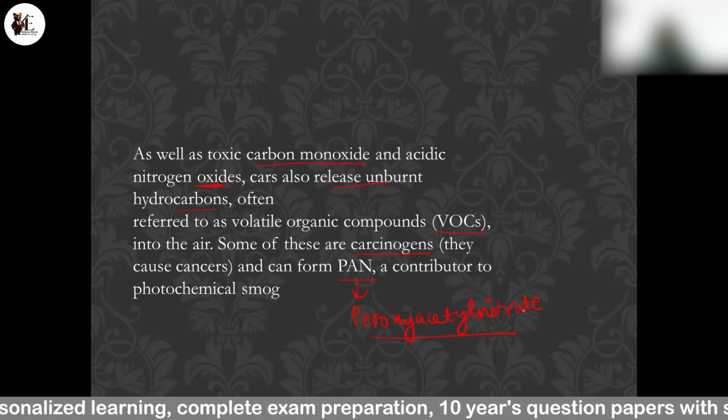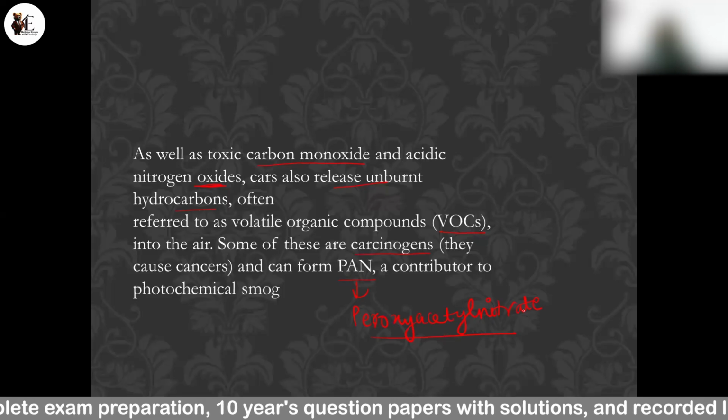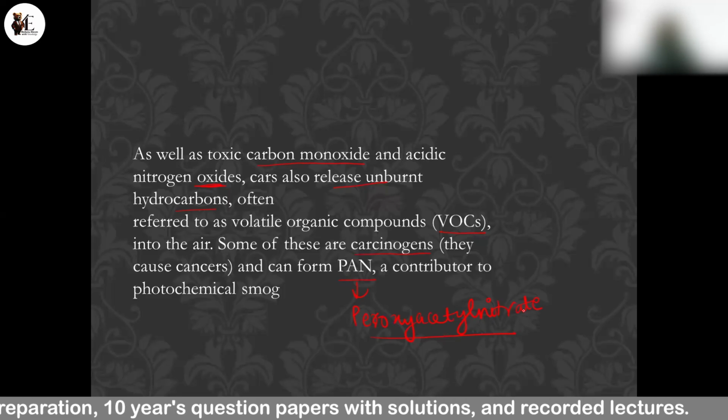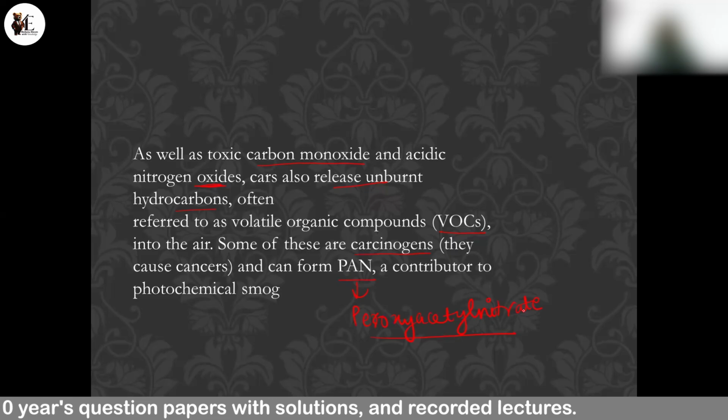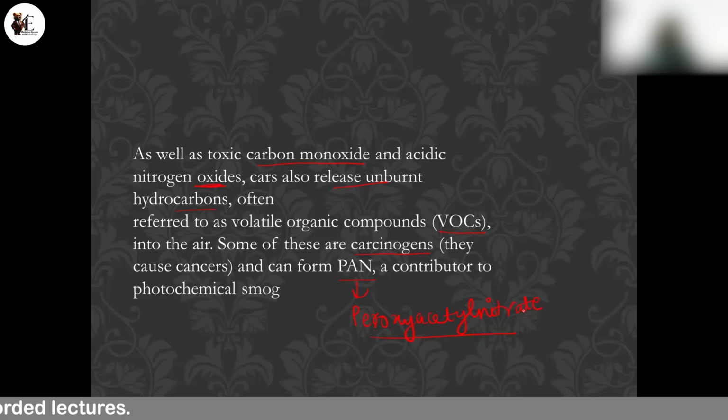So we are studying the harmful effects of incomplete combustion. Carbon monoxide is released, acidic nitrogen oxides are released, and unburned hydrocarbons are released, which are known as volatile organic compounds.